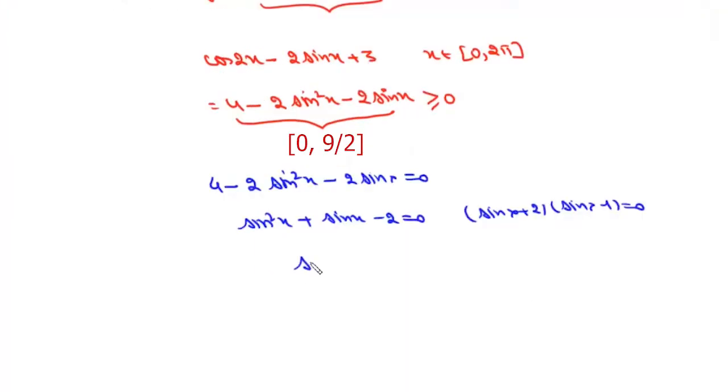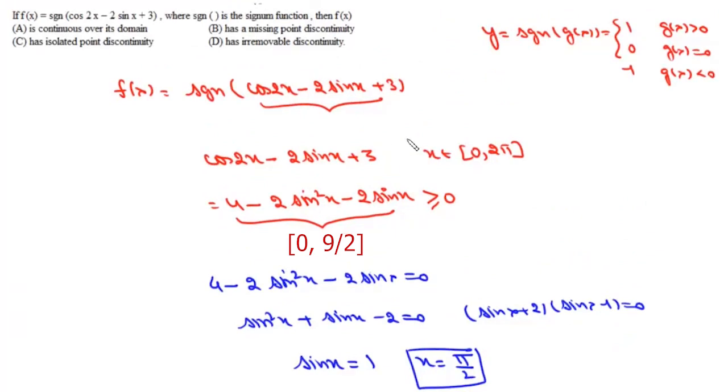That is, the value of sin x is 1. It is possible if x is pi by 2. So that means this cos 2x minus 2 sin x plus 3 is 0 when x is pi by 2, and it is greater than 0 if x lies between 0 to 2 pi except pi by 2.